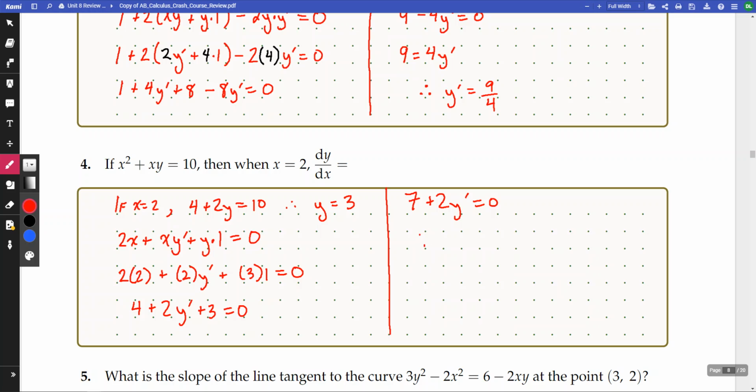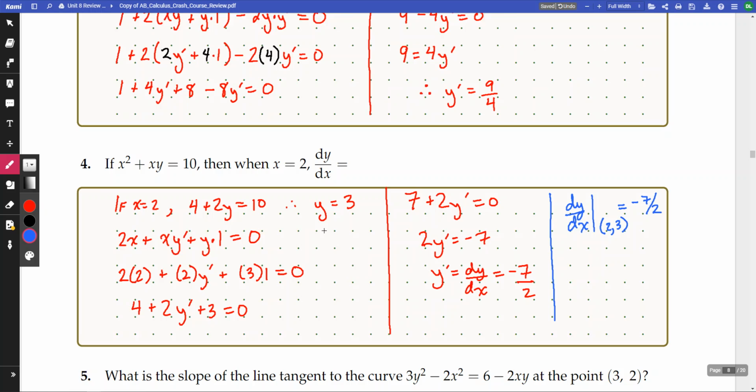So that means that 2y prime is equal to negative 7, and y prime, which is just another way of writing dy/dx, is going to be negative 7 halves, excuse me, need to divide by 2. Another way of writing this notation is to say dy/dx evaluated at the point where x is 2, y is 3, and that value is negative 7 halves.